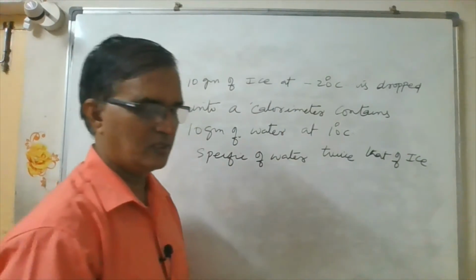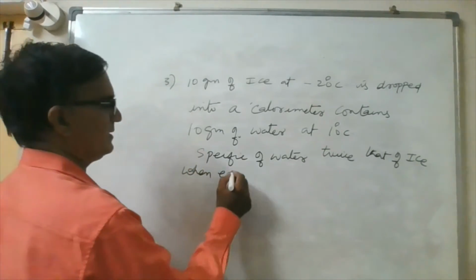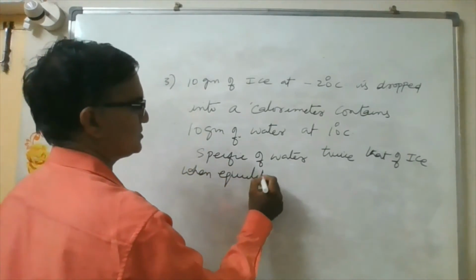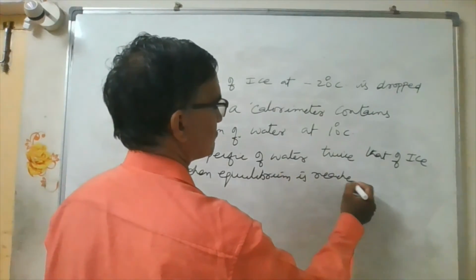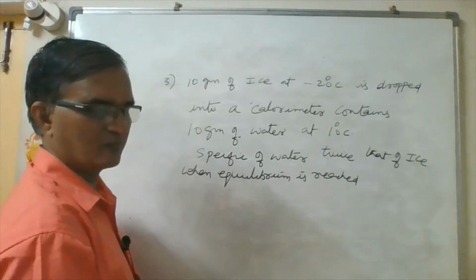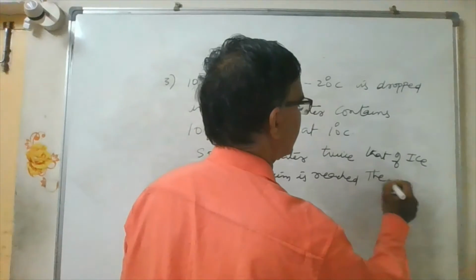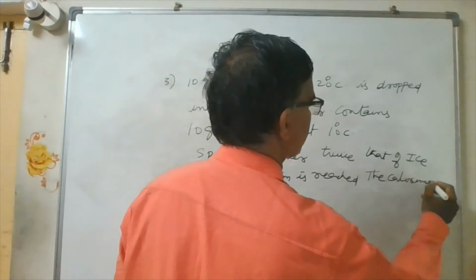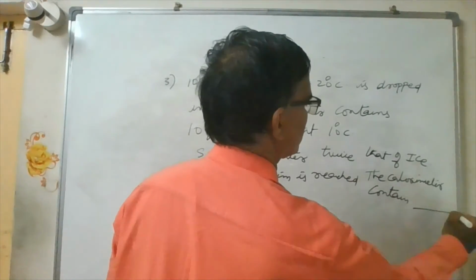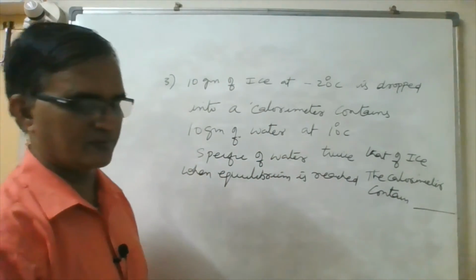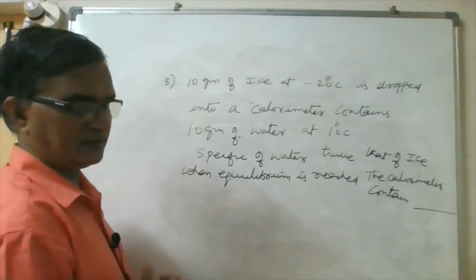When equilibrium is reached, what does the calorimeter contain? Now here, you have to consider how much heat is required and how much heat you are supplying.